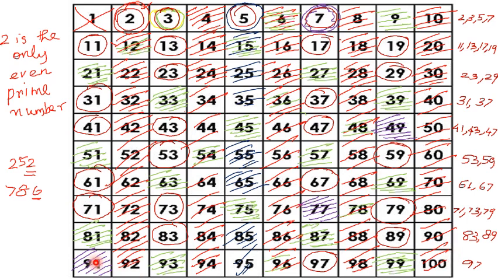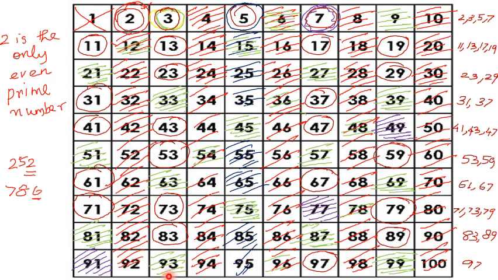So you can see here 91, 92, 93, 94, 95, 96, 97, 98, 99 and 100. Among these, starting from 90, 90 is a composite number, 91 is a composite number, 92, 93, 94, 95, 96.